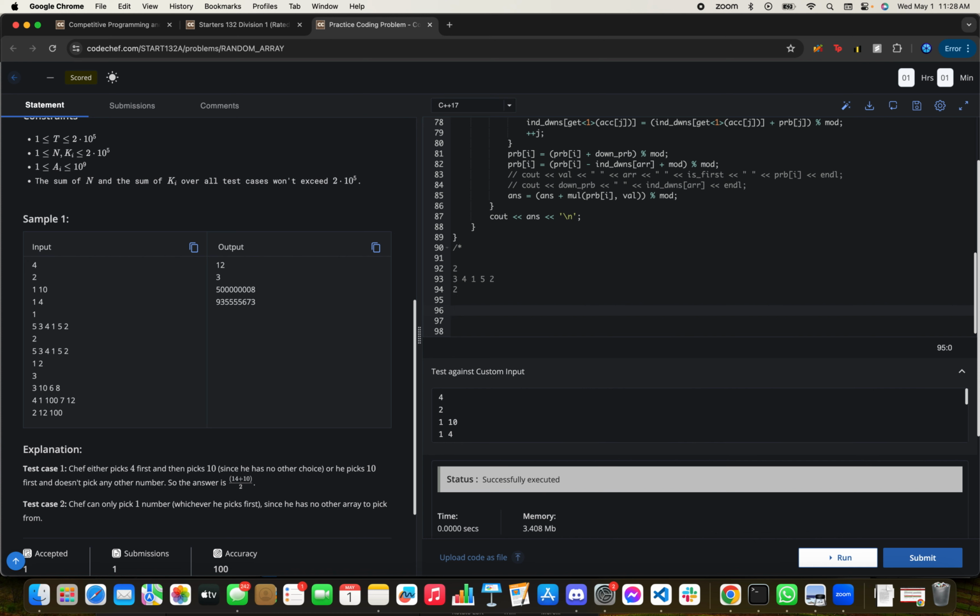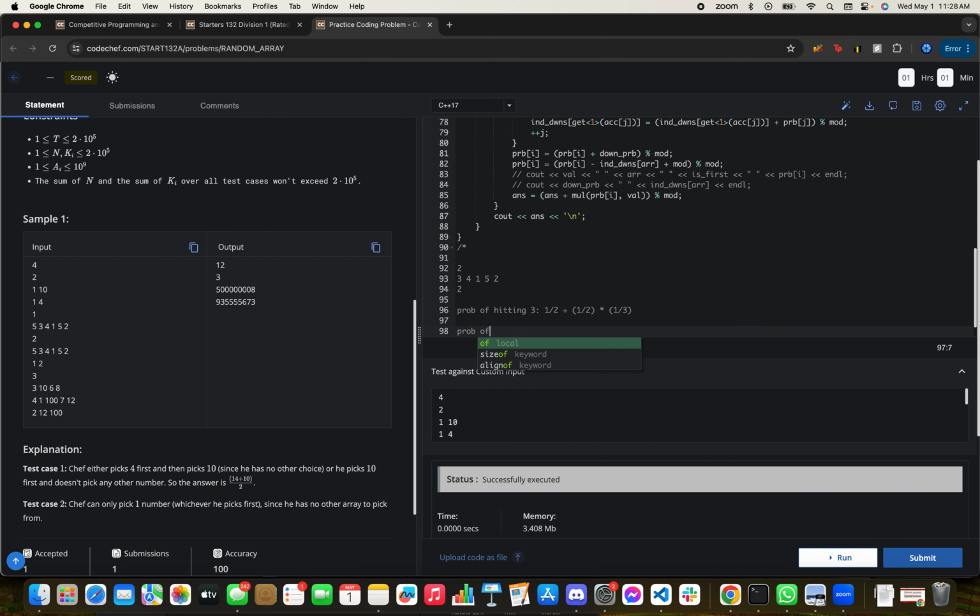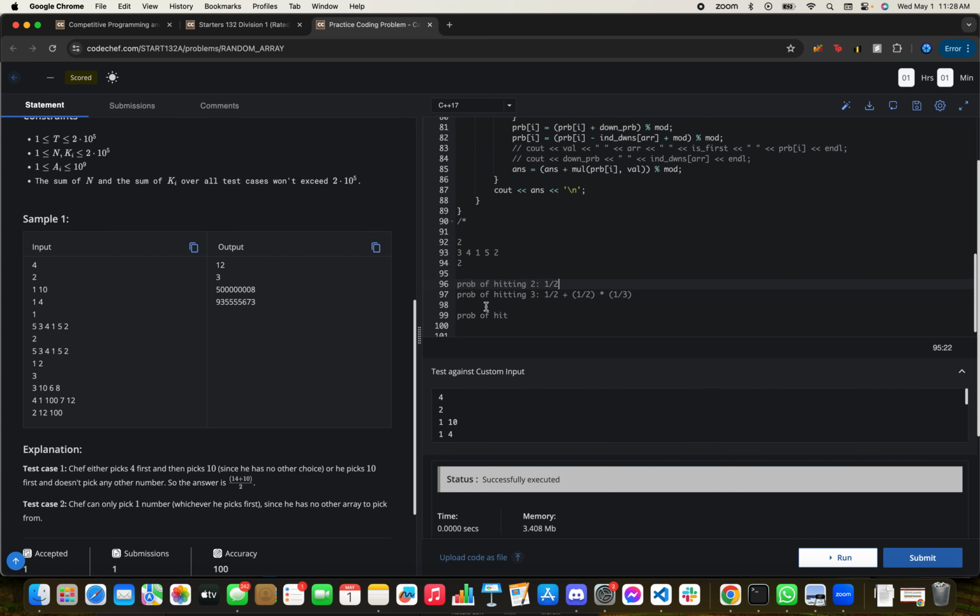So the probability of hitting 4, 3 is just, I guess it's half plus half times, yeah, this is just half, right?